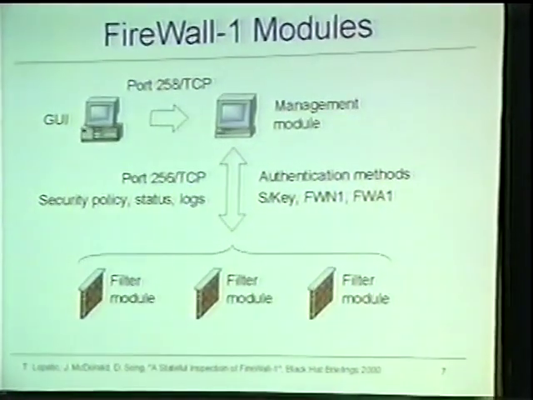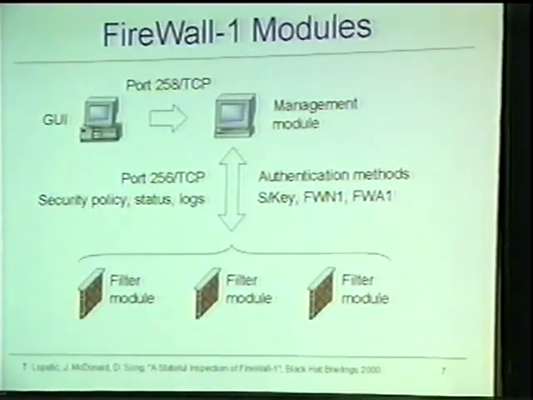The reason for that is something that we will see right now, because we will be able to circumvent all three different kinds of authentication. They are broken in a way that enables an attacker to impersonate a management module in order to send commands to the filtering modules, commands like unload security policy, for example.